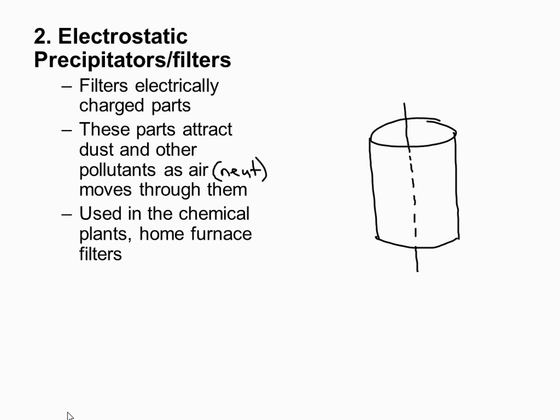And they will make, by connecting this rod, one of the ends positive or negative. Let's just make it positive for no reason. The outer cylinder made negative. All right?